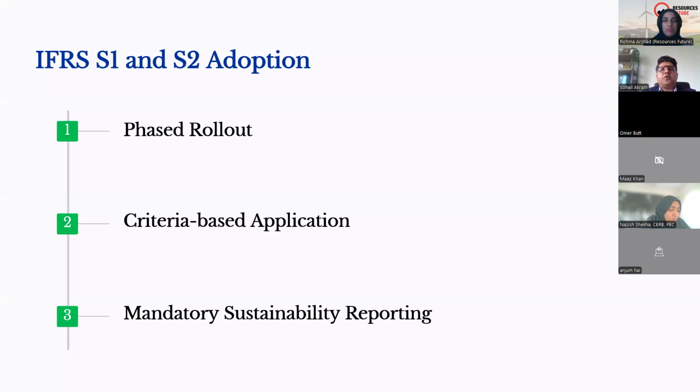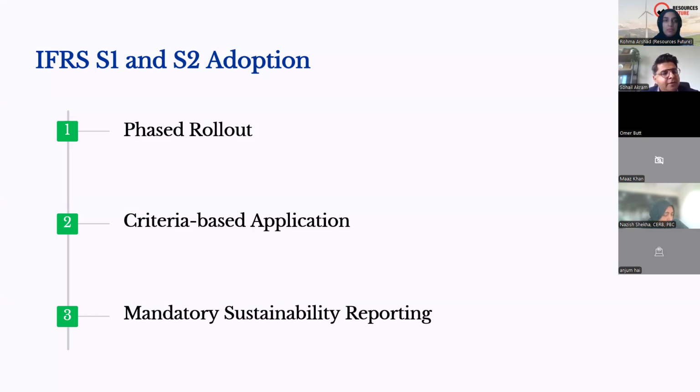Now, coming towards the adoption of IFRS S1 and S2, SECP has adopted a phased rollout. They have issued the notification through which they have adopted IFRS S1 and S2. In summary, these standards are going to be applicable in Pakistan, and SECP has indicated that through a binding notification for all those who are within or going to be within the scope of adoption.